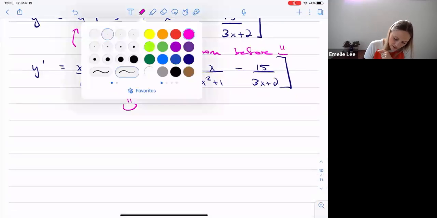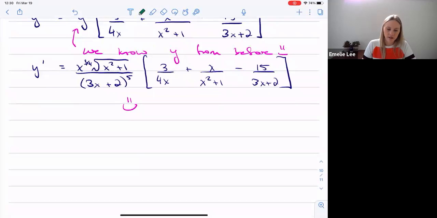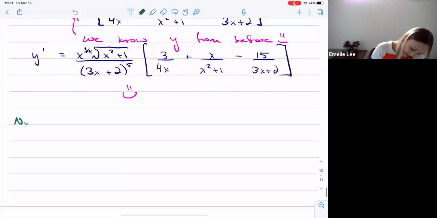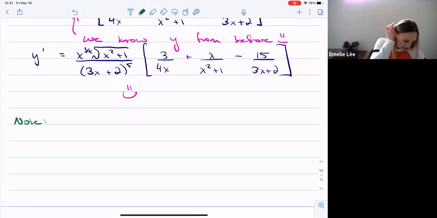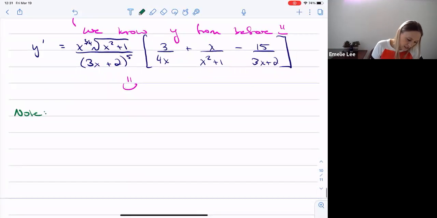I do want to make a note here. You don't want to use logarithmic differentiation for simpler problems, where you could use the product rule and the quotient rule maybe.